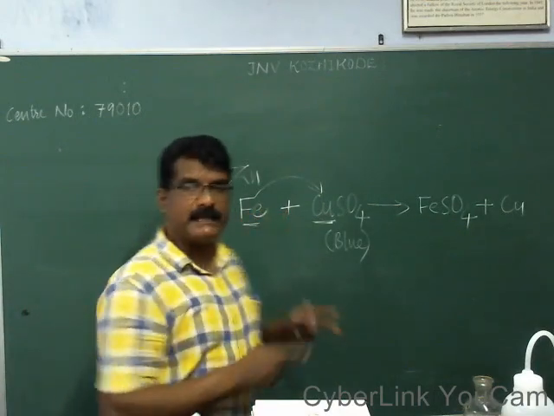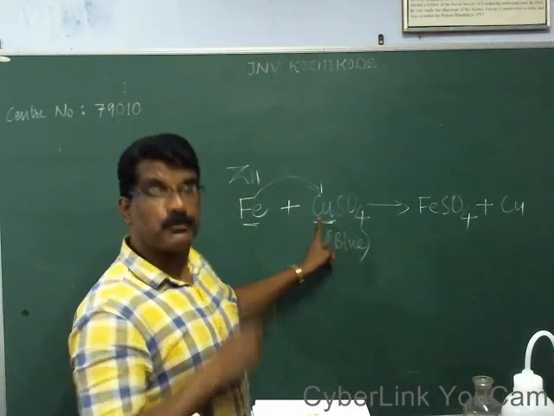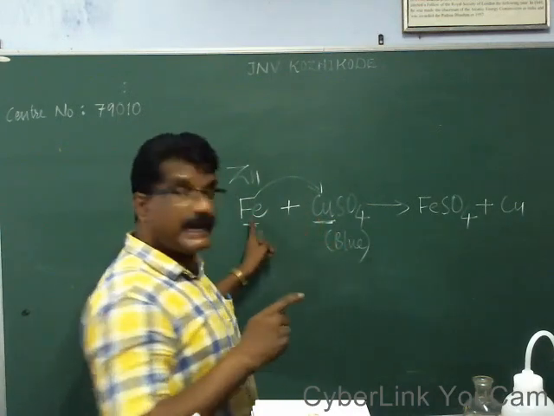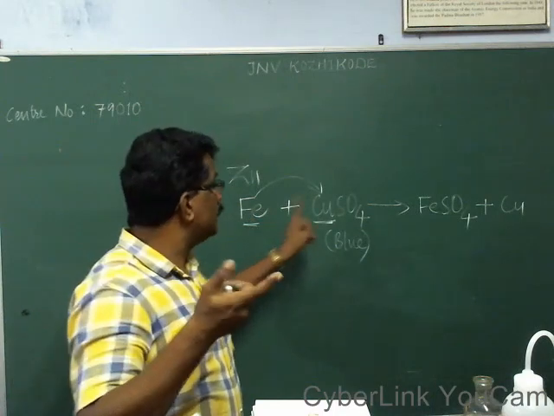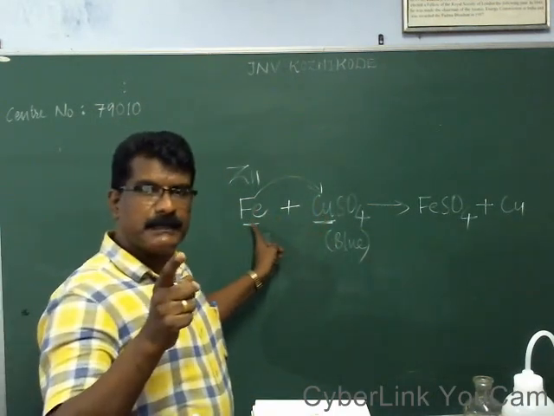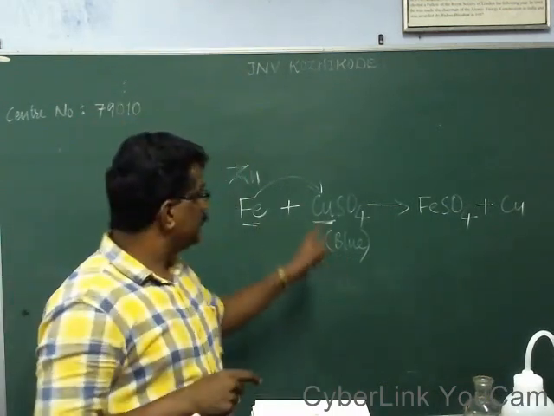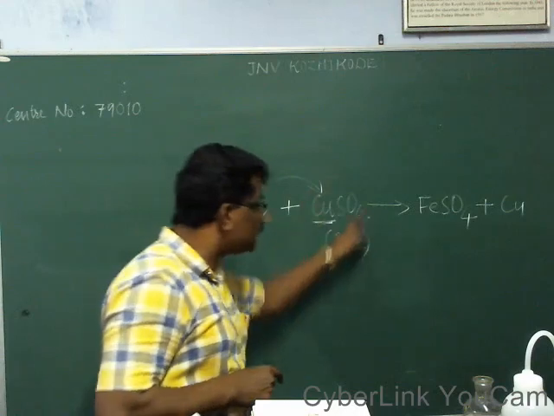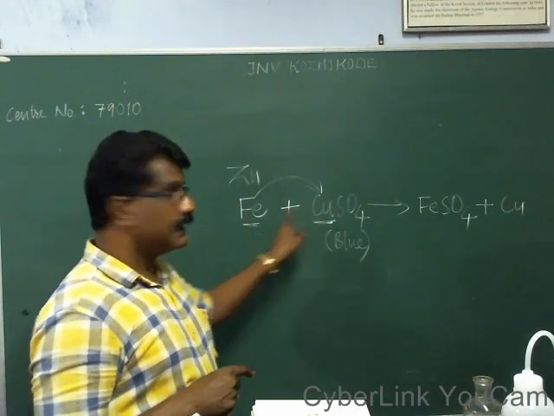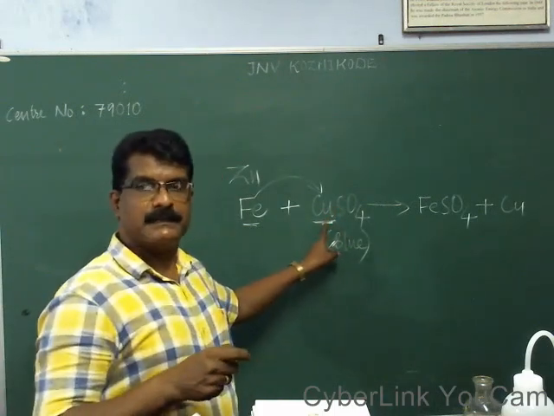From this reaction, we can understand one factor. Why is copper displaced from copper sulfate? Because iron is more reactive than copper. So a more reactive metal displaces less reactive metal from its salt.